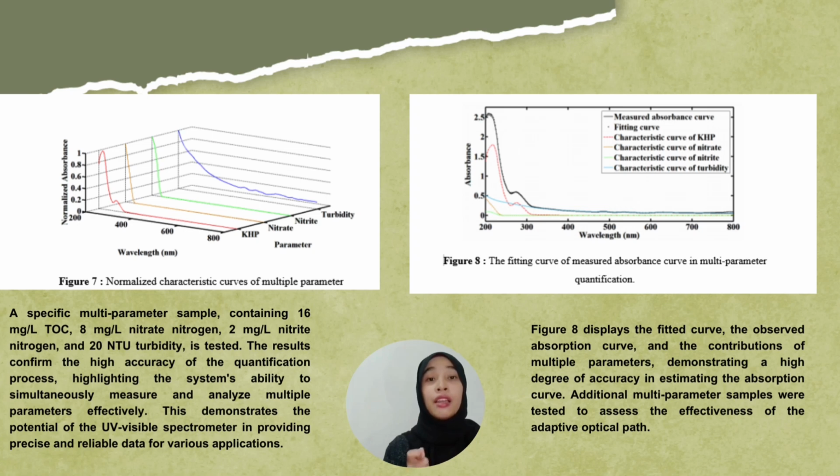Consequently, RE and RSD are lower and more stable across a wide range of pollutant concentrations. Moreover, our method enables simultaneous and rapid quantification of multiple parameters without requiring extensive computational resources.